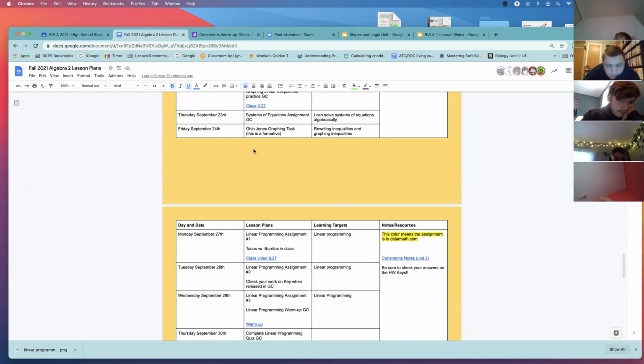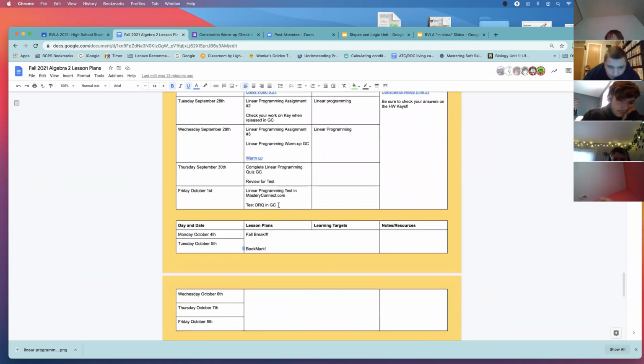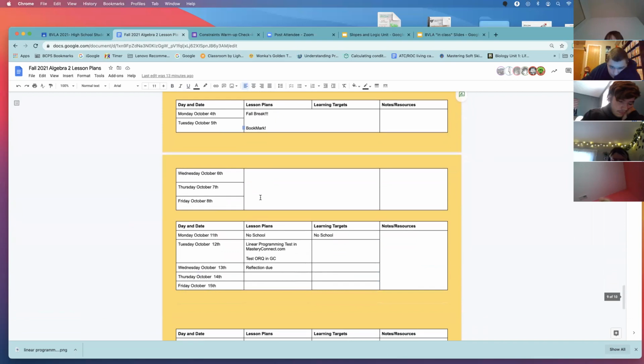I am going to keep the test here. There's a test in Mastery Connect, and there's an ORQ, and you'll probably be able to do it all in one day. Now, I am going to allocate these two days, Tuesday and Wednesday, as also for the test.